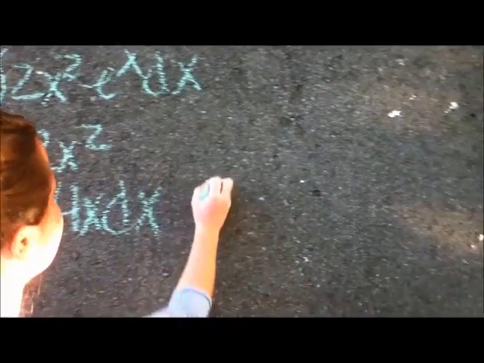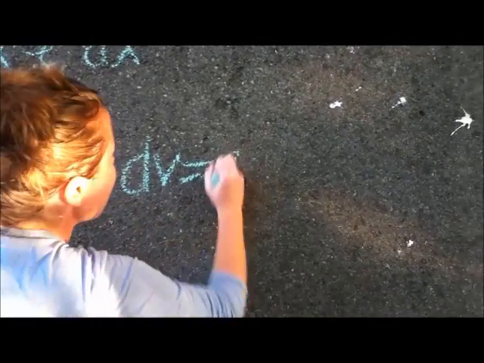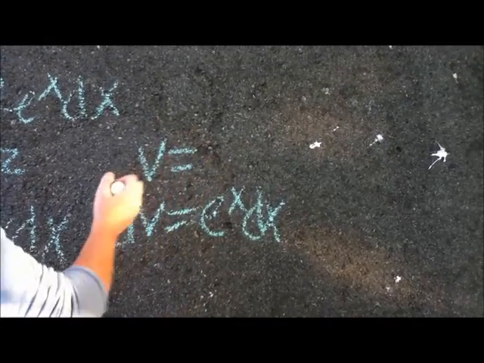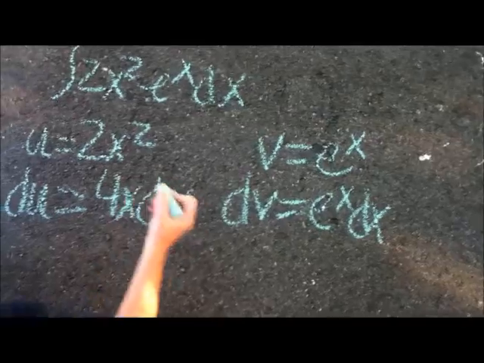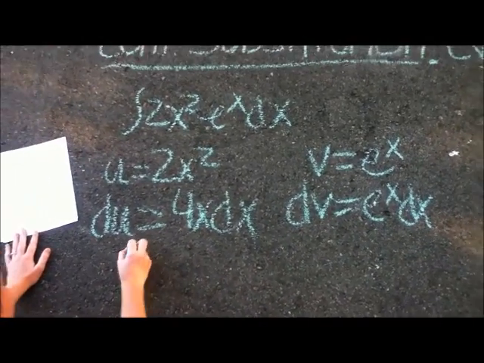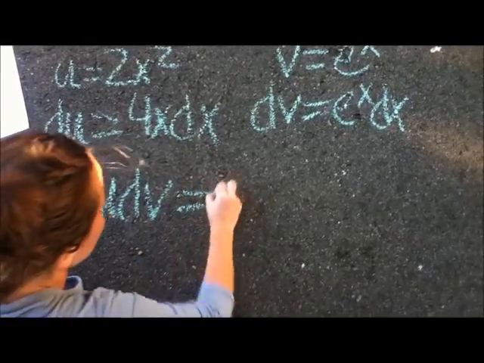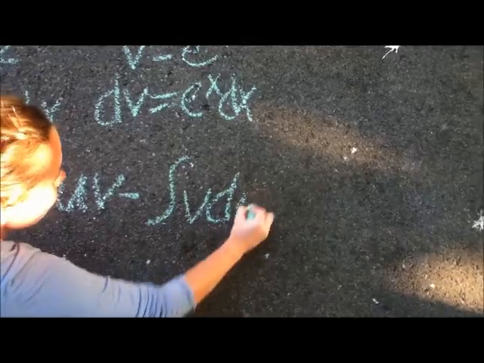And dv will then be e to the x dx. Therefore, v will equal e to the x. So using the formula, integral of u dv equals u times v minus integral of v du.